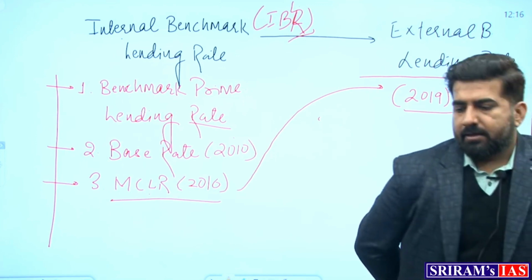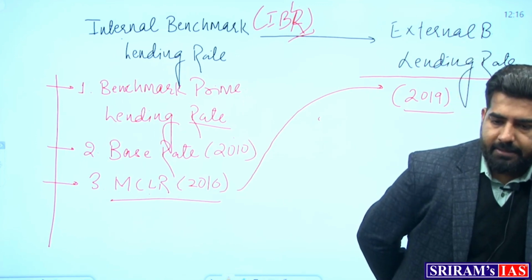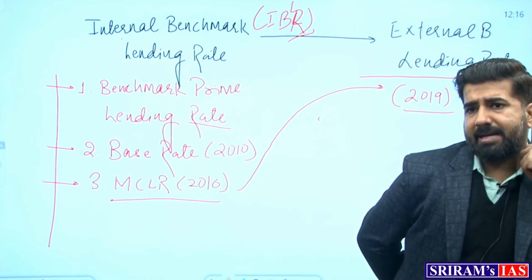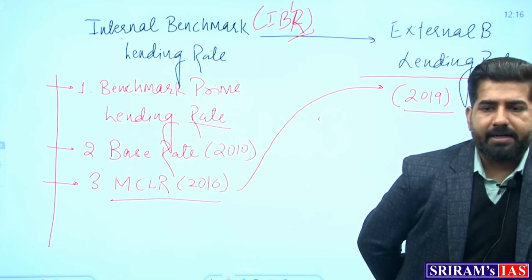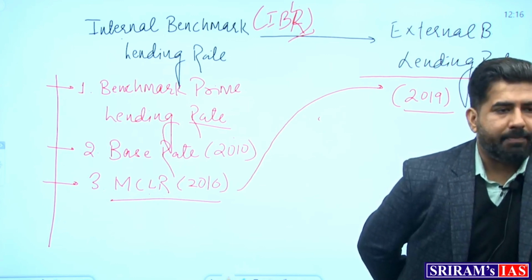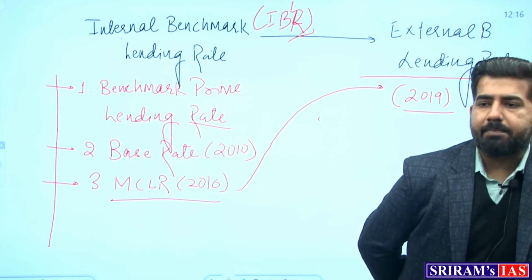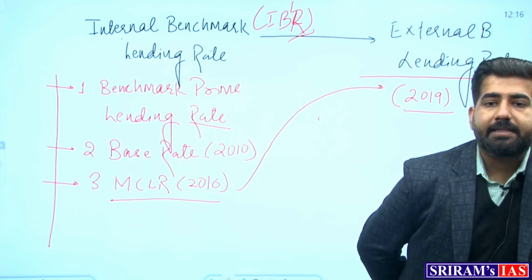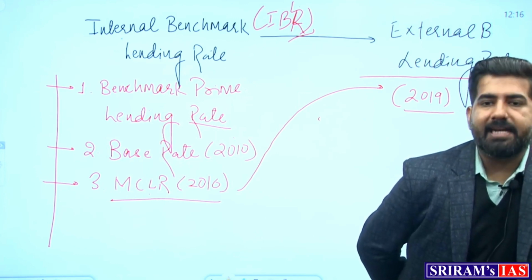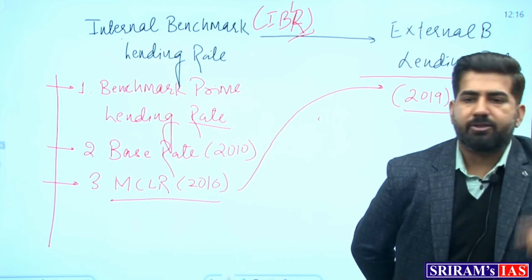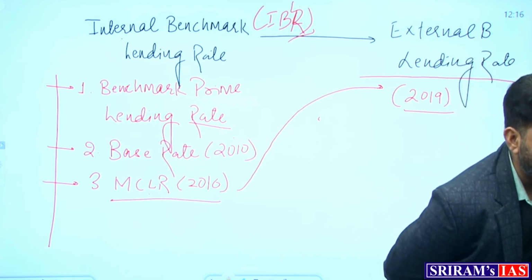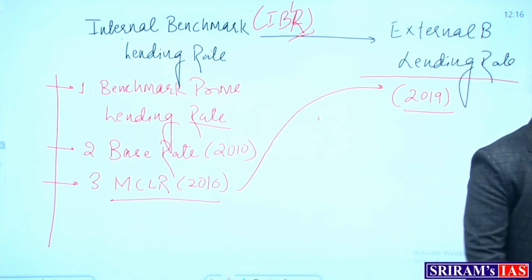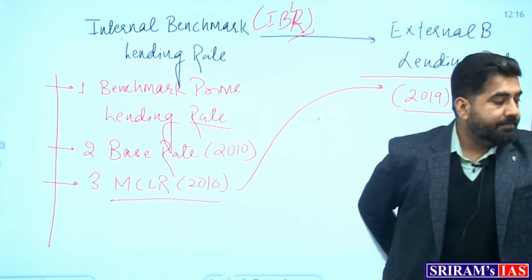Okay. So we were writing that they can adopt a uniform external benchmark from any of the 4 options. First, RBI repo rate. Second sub point is 91-day T-bill; take the yield of the 91-day T-bill as the benchmark. Third sub point, 182-day T-bill yield.